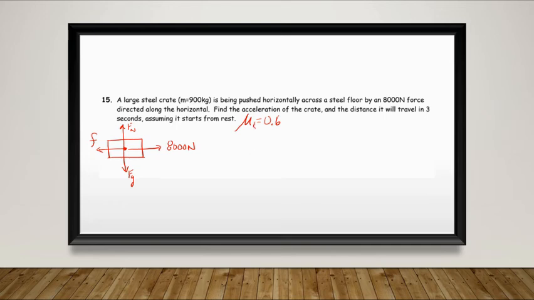So it goes across the steel floor with an 8,000 newton force directed along the horizontal. Find the acceleration. We know that the sum of forces is equal to mass times acceleration. The sum of forces in the x direction is also equal to 8,000 newtons minus the frictional force.